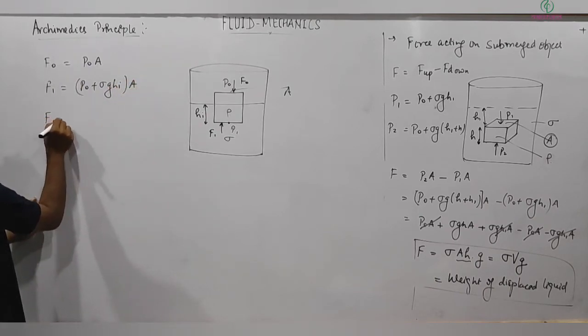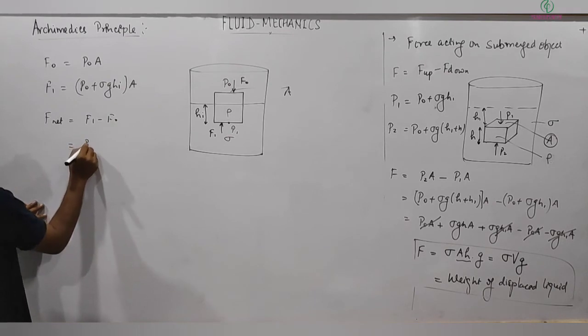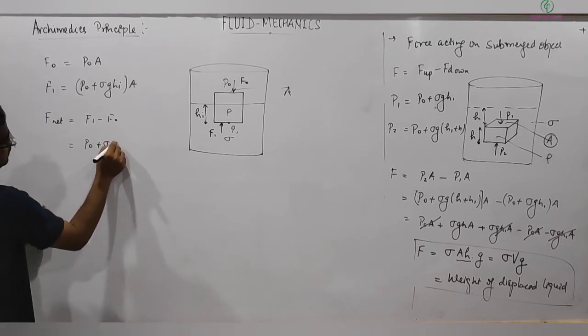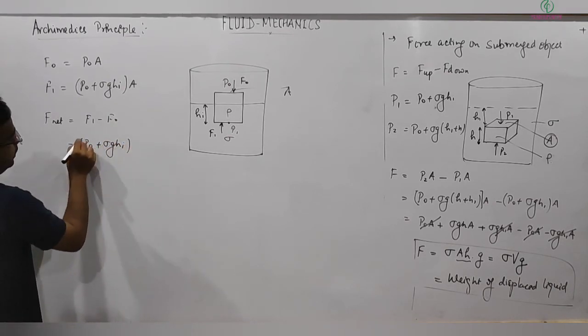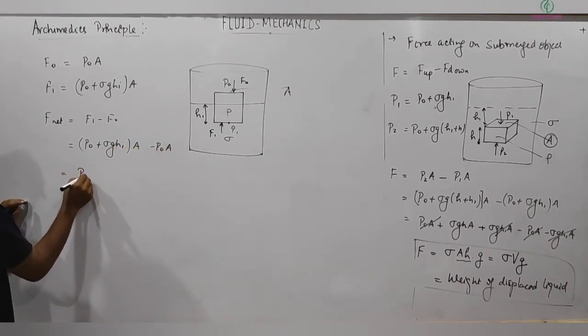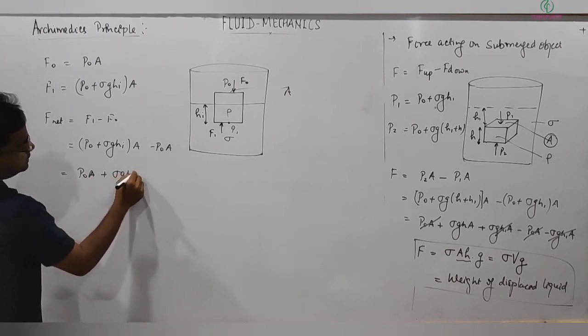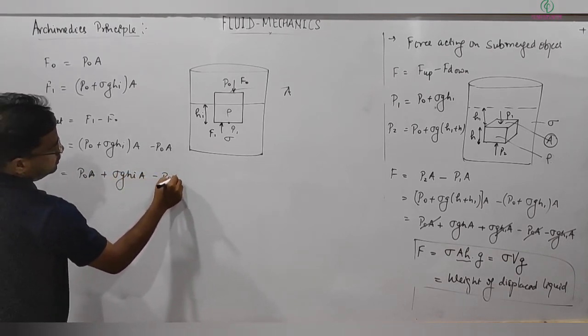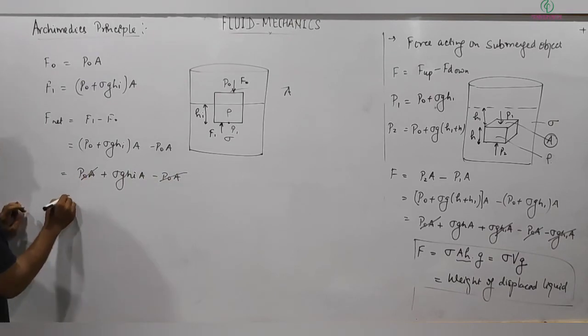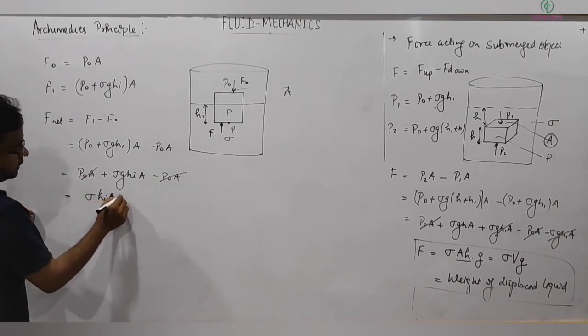So F net will be equal to F1 minus F naught, which is (P naught plus rho g hi) into A minus P naught into A. This is P naught A plus rho g hi A minus P naught A. The P naught A terms cancel out, leaving rho into hi into A into g.